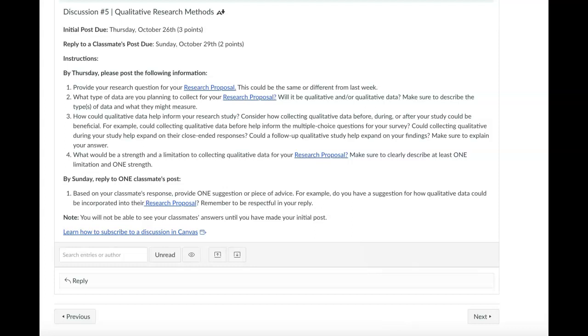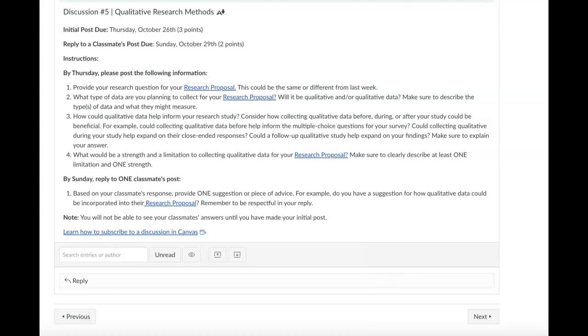And then the last part of this initial post, you want to think about a strength and a limitation to collecting qualitative data for your research proposal. So you need to specifically state one limitation and one strength. So maybe, for example, you could think about the fact that qualitative data collection can be more time-consuming to do, right? That could be a limitation.